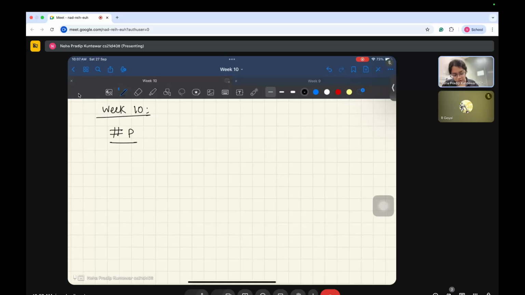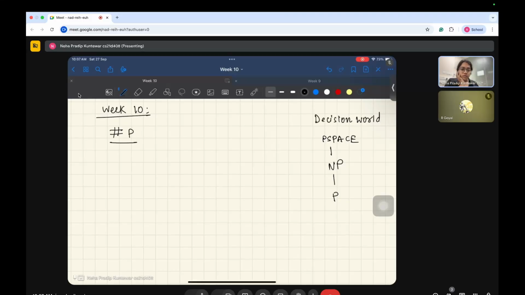So how do we define #P? We have the decision world, where we have the languages P here, NP here, EXP, or let's say I'll just do PSPACE for now, PSPACE and so on.